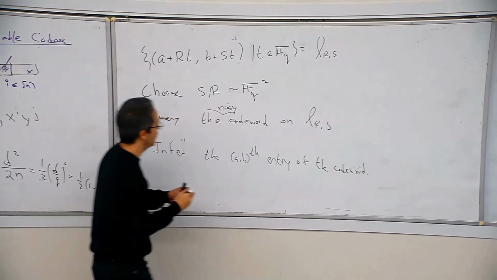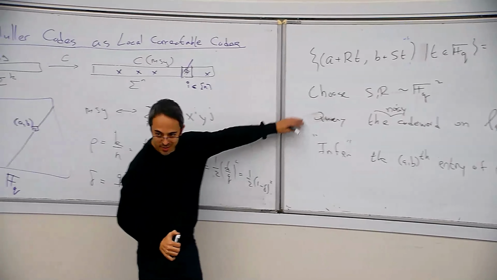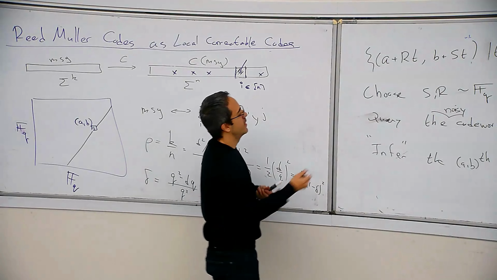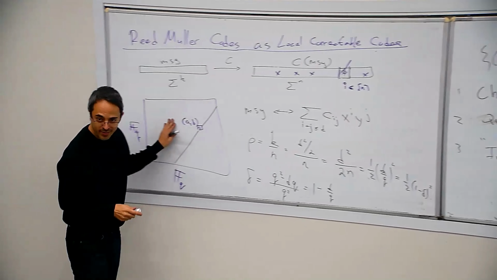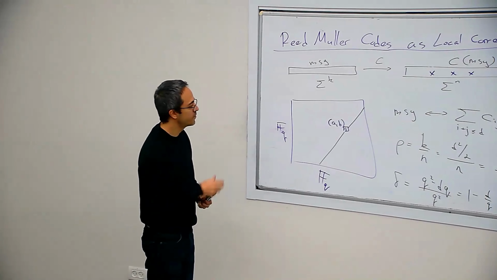But generally, at this point, you have enough information. So this is the algorithm. You see, it makes Q queries, which is the square root of N. It's not trivial, right?